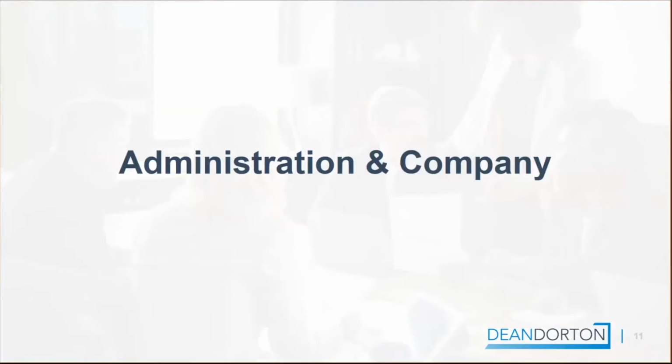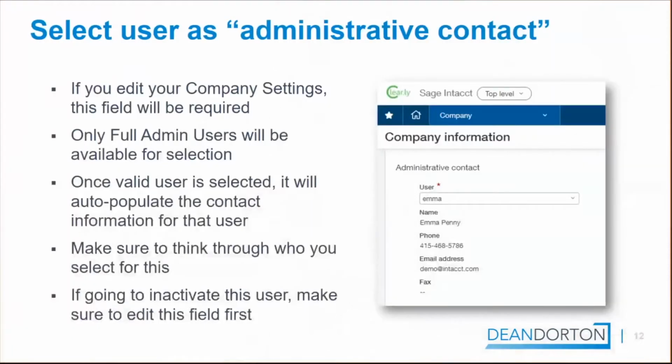Now for administration and company, one major change they came out with is selecting a user as your administrative contact. So in your company settings, you're going to have an administrative contact, which used to be named main contact. Only a full admin user can be selected here.